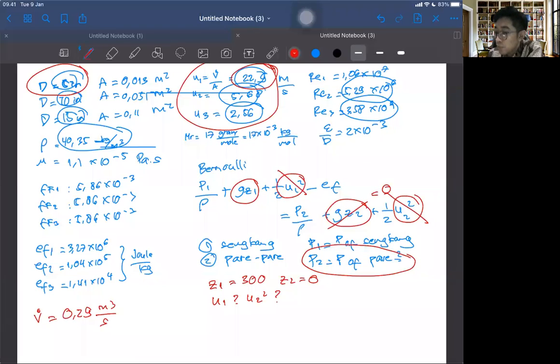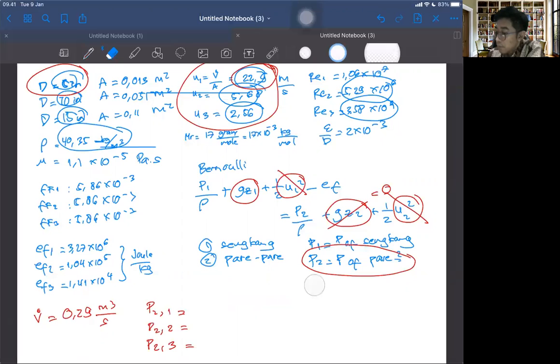Then you can solve the P2. So P2 for pipe diameter 1 is how much? P2 for pipe diameter 2 is how much? And P2 for pipe diameter 3 is how much? Please calculate using this Bernoulli equation.